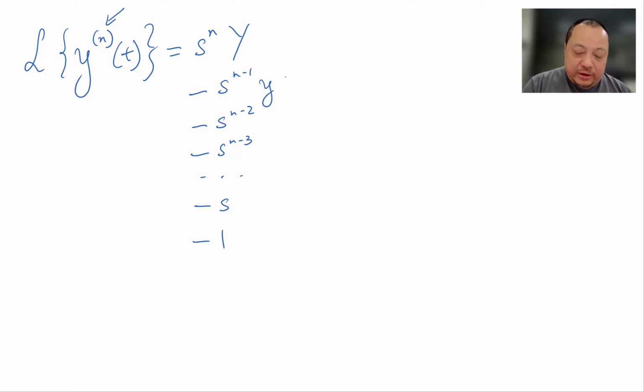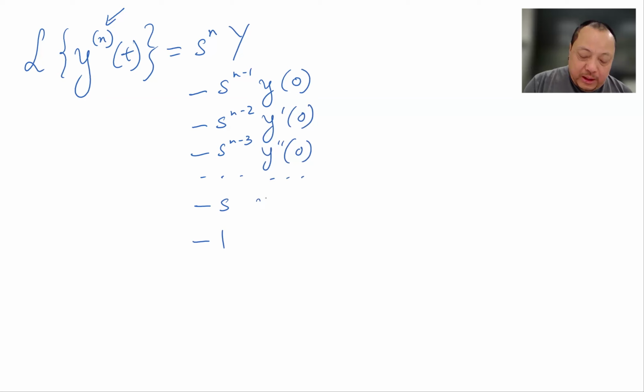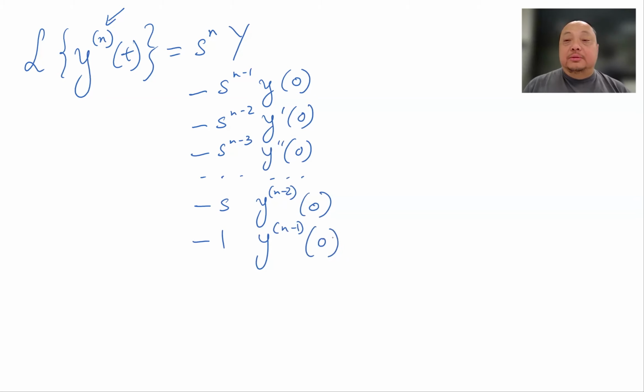And each of these is multiplied by the initial value of the function. So the initial value of y and the derivative of it goes up. So the power of s goes down, the derivative of y goes up. So y prime at 0, y double prime at 0, all the way down here, it would be y to the n minus second derivative and y to the n minus first derivative at 0.